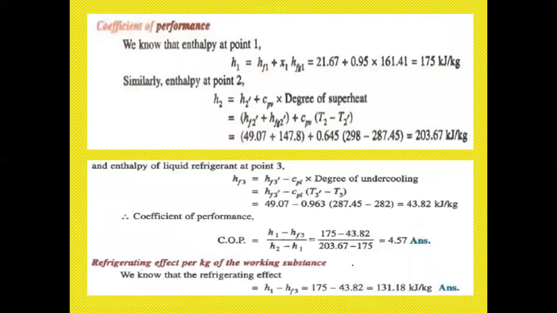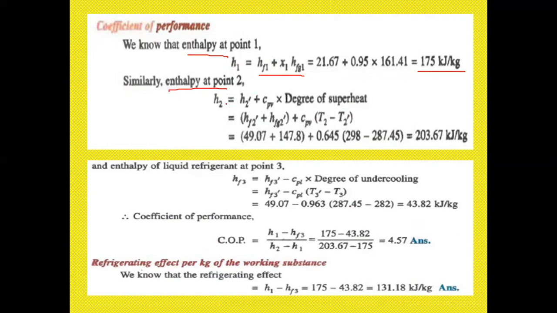Next is the coefficient of performance. We know that the enthalpy at point 1, H1, is equal to HF1 plus X1 HFG1. Applying the values, HF1 plus X1 into 161.41, you get 175 kilojoules per kg.